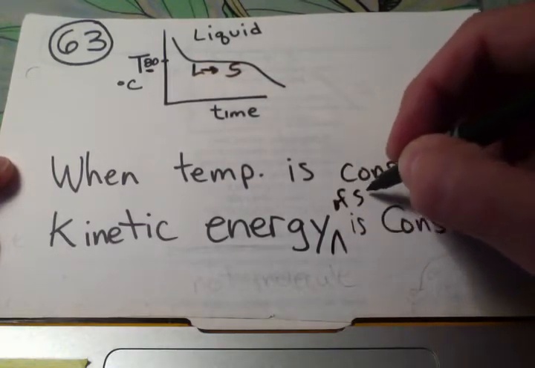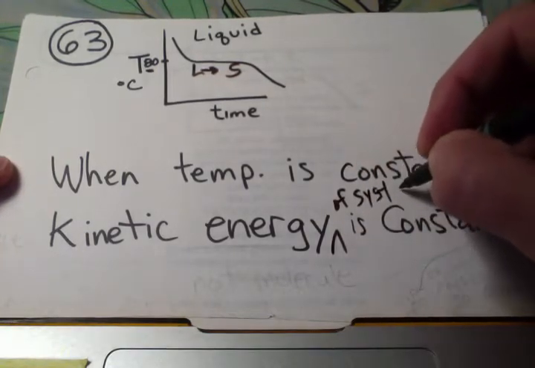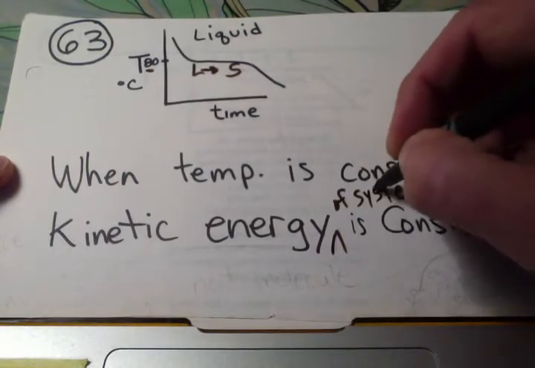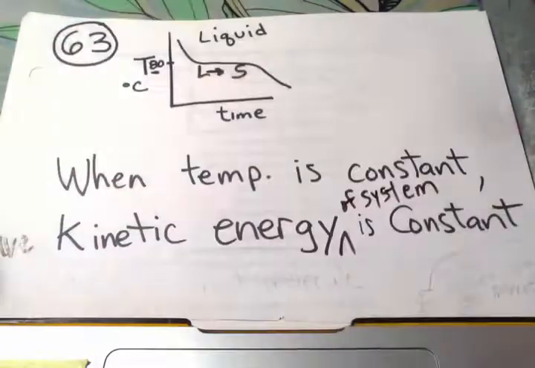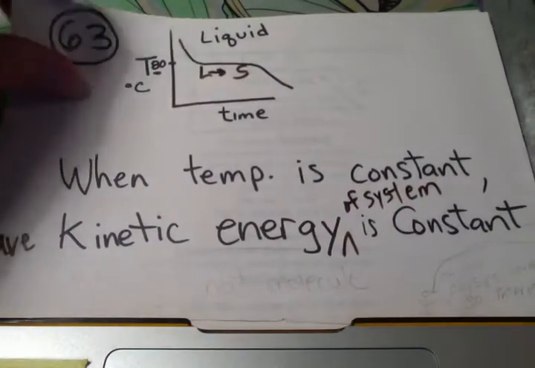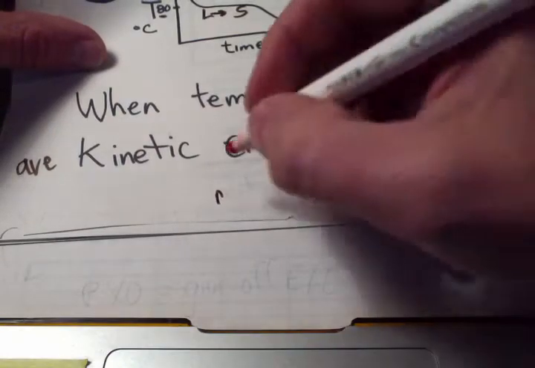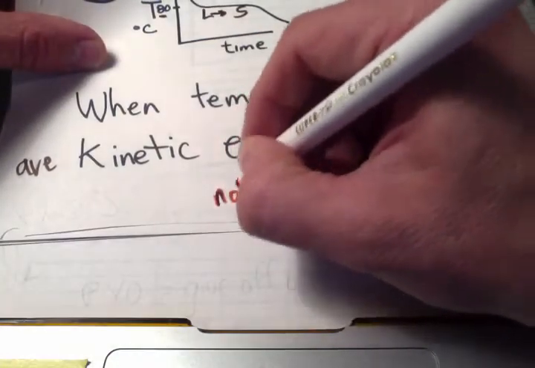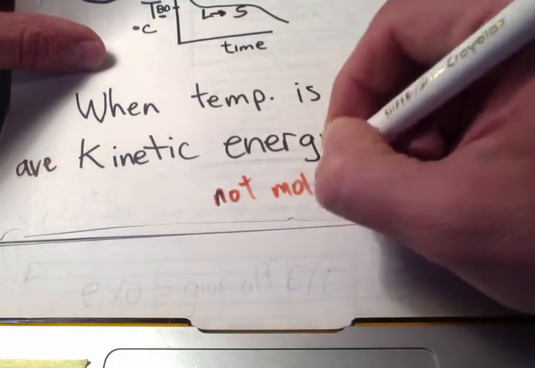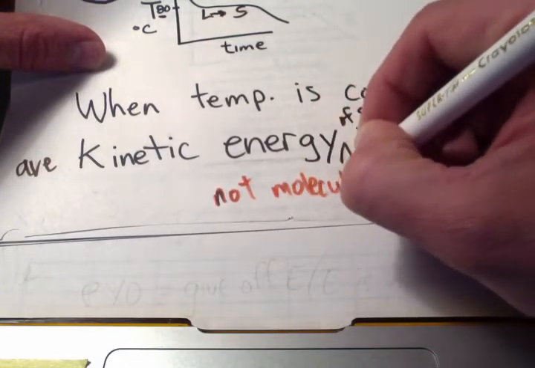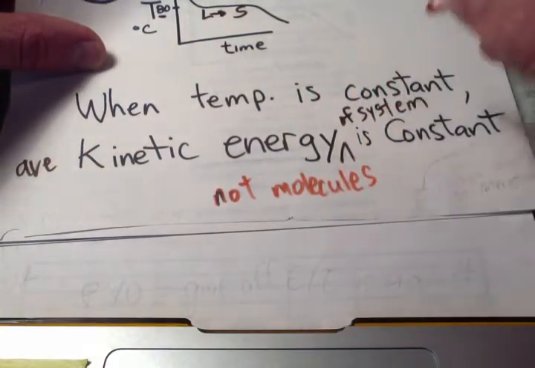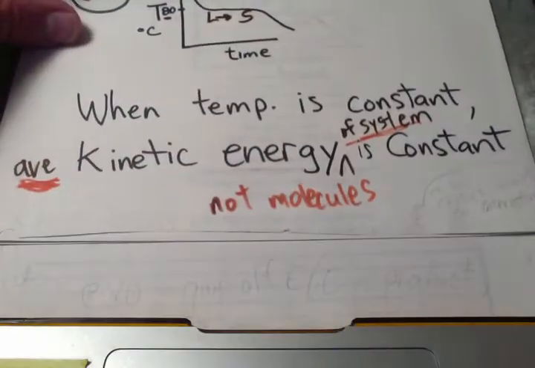Now this is where it gets really tricky. You could say the average kinetic energy of everything in there kind of flatlines. Where it gets confusing, because a lot of you have learned about kinetic energy, is that it's not saying the molecules stop moving. It's just saying overall, the average levels off.